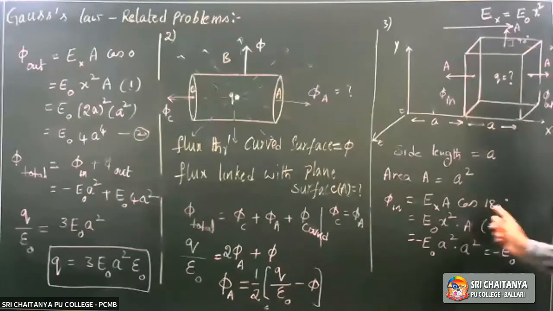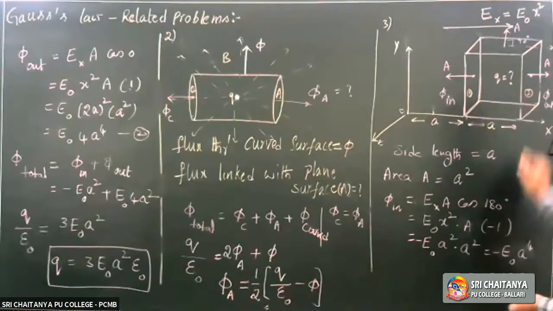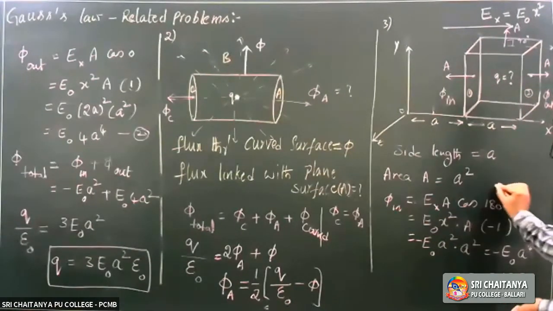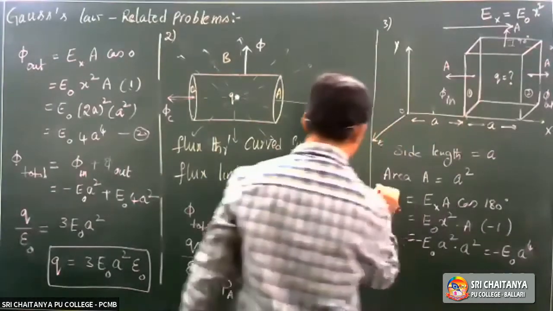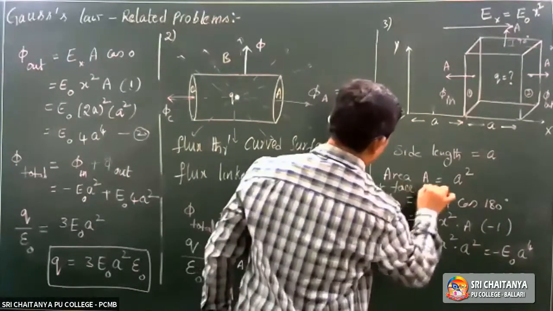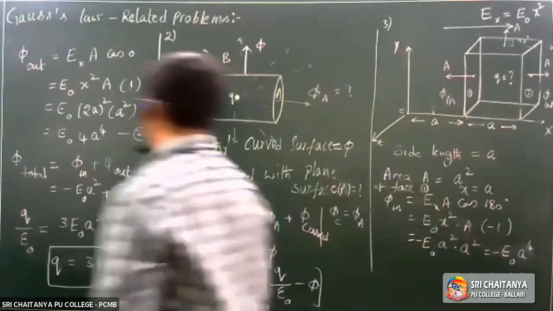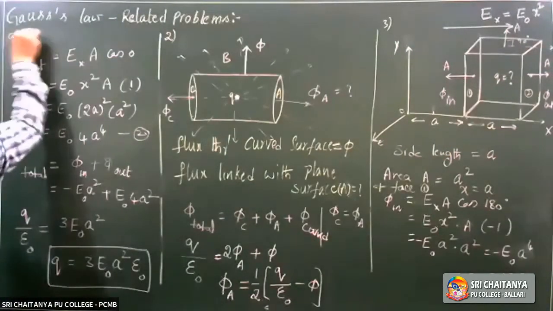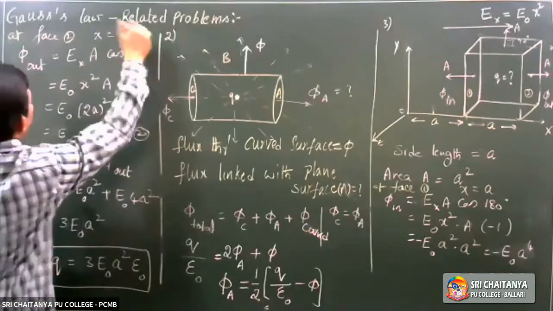Well, to understand better, take this first face and this second face. For the first face, x is equal to a. At face 2, x is equal to 2a.